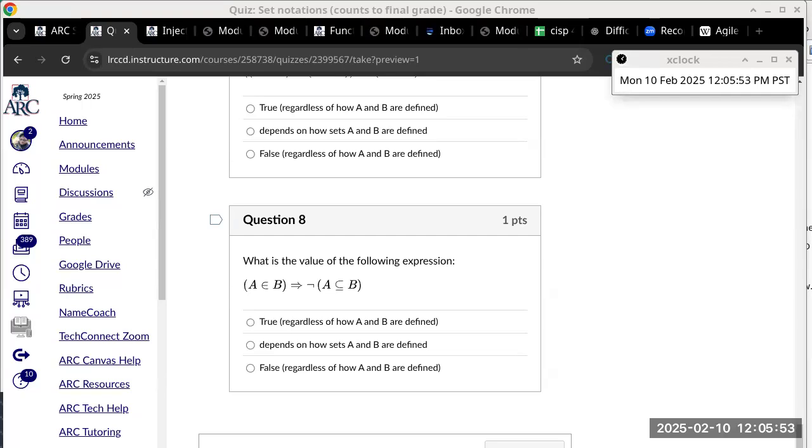Otherwise, I will count those people as absent. And I think one of these people has not given me a reason to be attending via Zoom. So, yep, that's going to be the case.